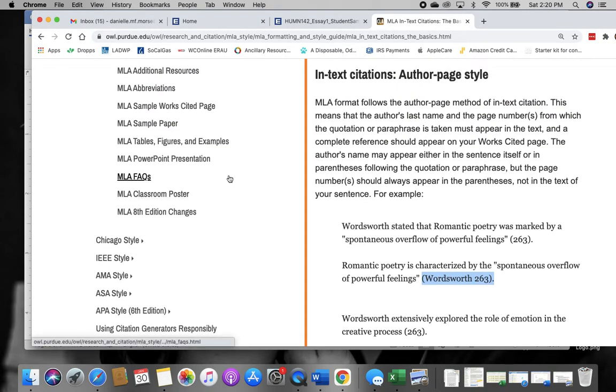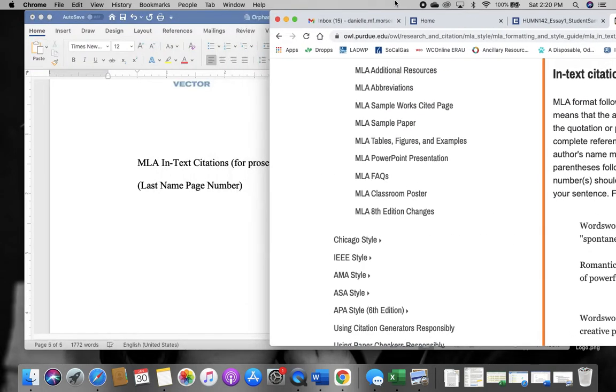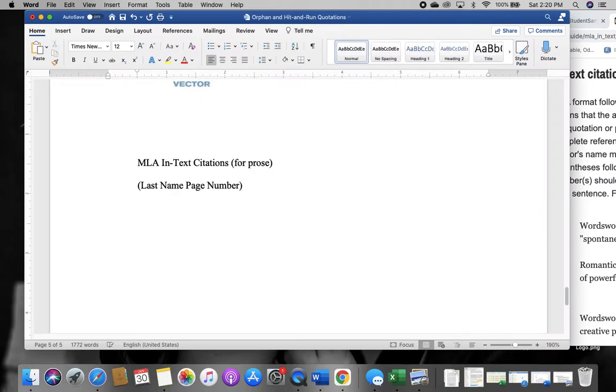I'm not going to talk about in-text citations, but if you're curious, on the works cited reference page, you would be citing a piece in an anthology if you're looking for the formula. So that would be the type of thing you're citing on your works cited page.